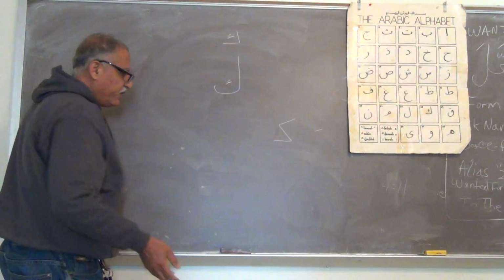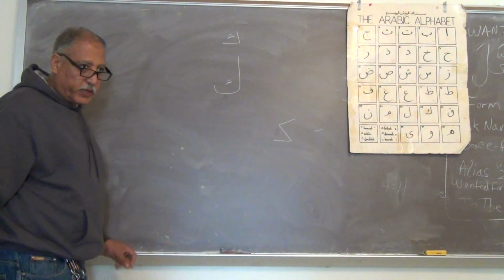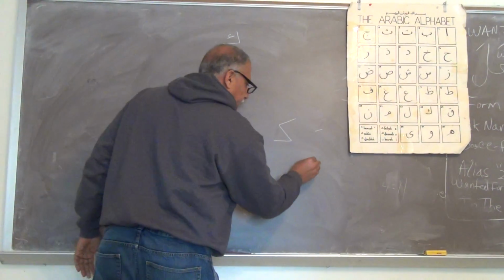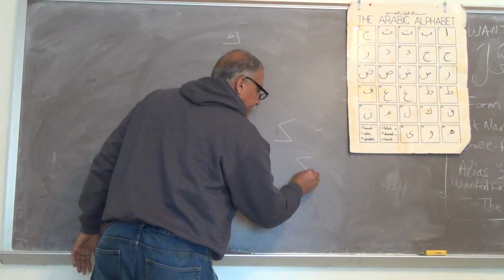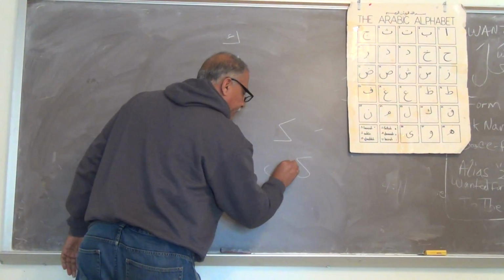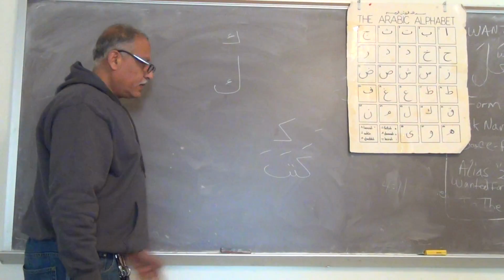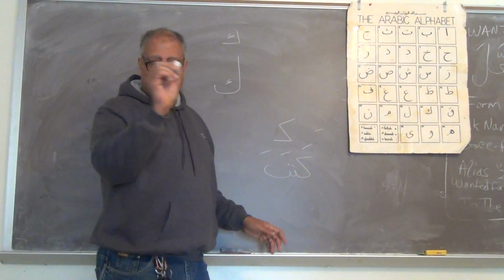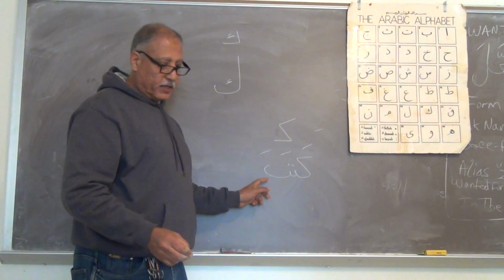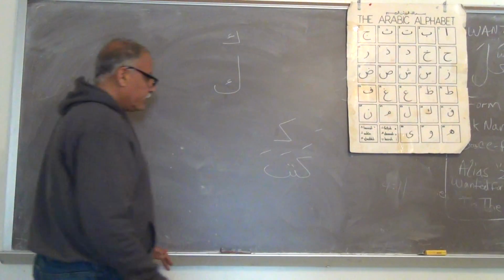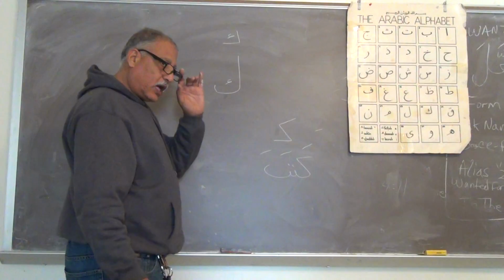There are too many words we can use it in. Like when I write on the whiteboard or the blackboard, I use the verb كتب, meaning to write something. So what if we have a noun with حرف الكاف?